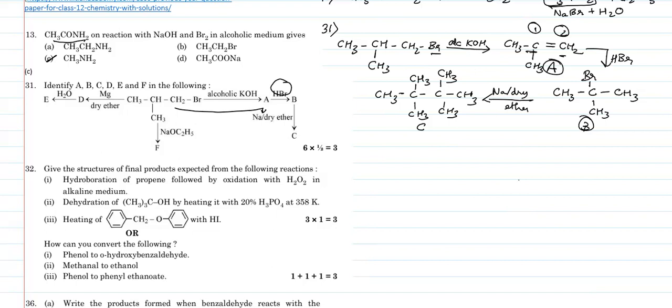Now, what we are seeing is, first of all, the reactant, 32. So the reactant is propene, undergoing hydroboration. And this particular product which is formed is undergoing oxidation with H2O2, hydrogen peroxide, in alkaline medium.